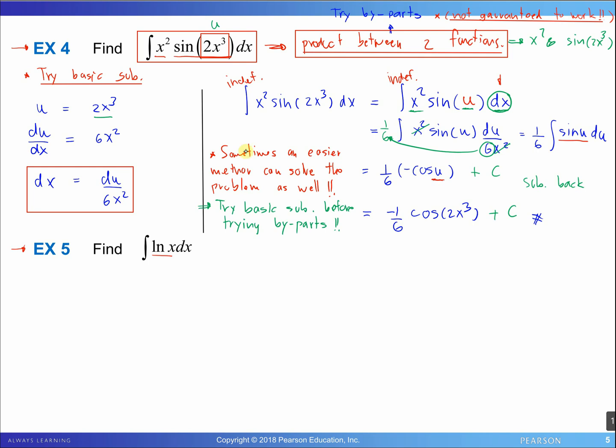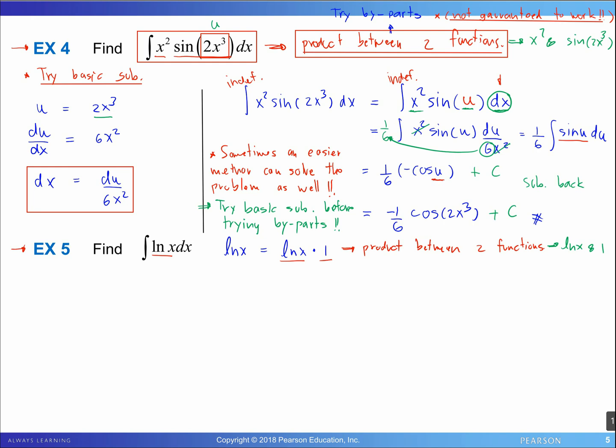Ln x is actually equal to ln x times 1, a constant. In this form, we have a product between ln x and 1. And now we have a product between two different functions, which are ln x and a constant 1.